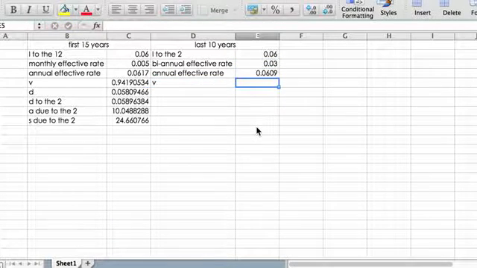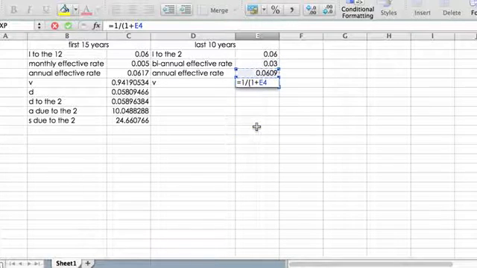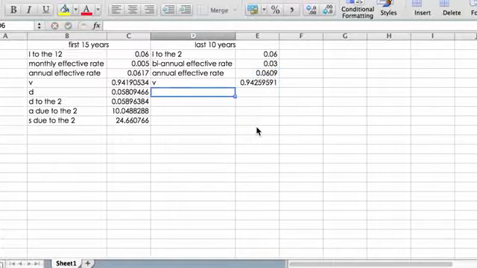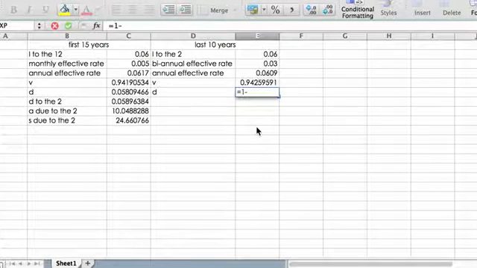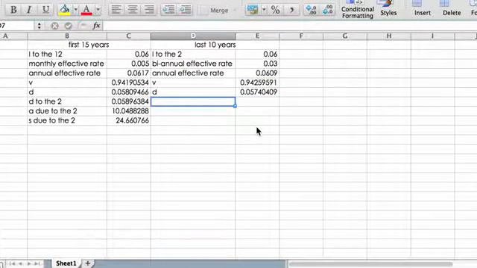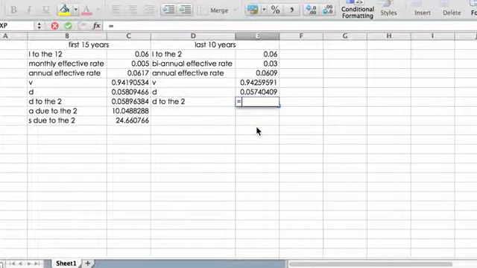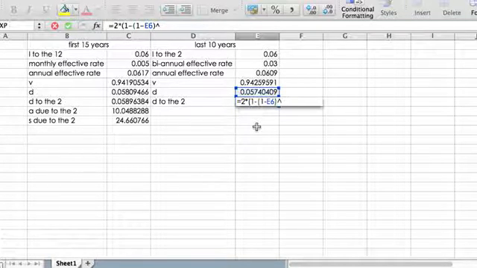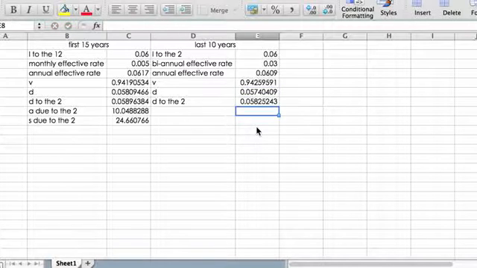Then v is equal to 1 divided by 1 plus our annual rate, d is equal to 1 minus v, as we all know, and d^(2) is equal to 2 times 1 minus (1 minus d) to the power of 1 over 2, which is again a half. Close all the brackets, and we get that.